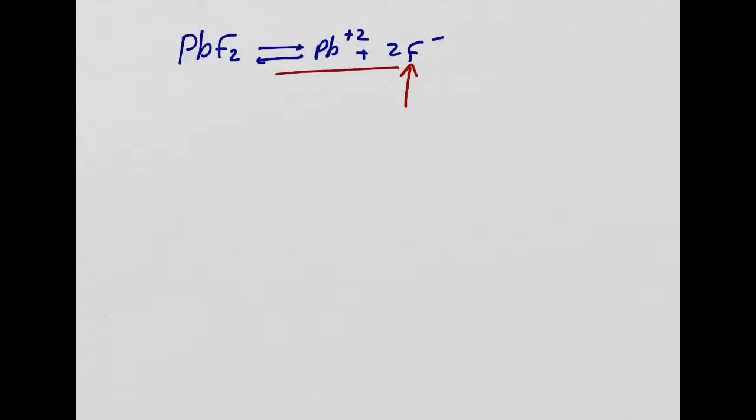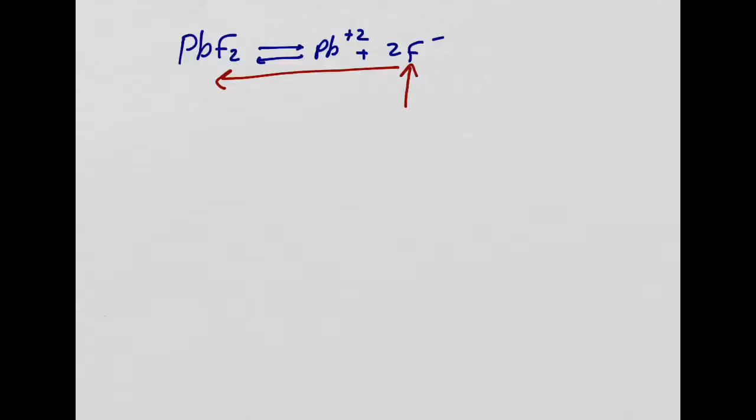The equilibrium goes, oh no, now I have a lot of this. I need to shift this one to reach the equilibrium. So when you add in the common ion, it shifts to the left. Now, if it shifts to the left, that means less of the lead 2 fluoride will be dissolving.